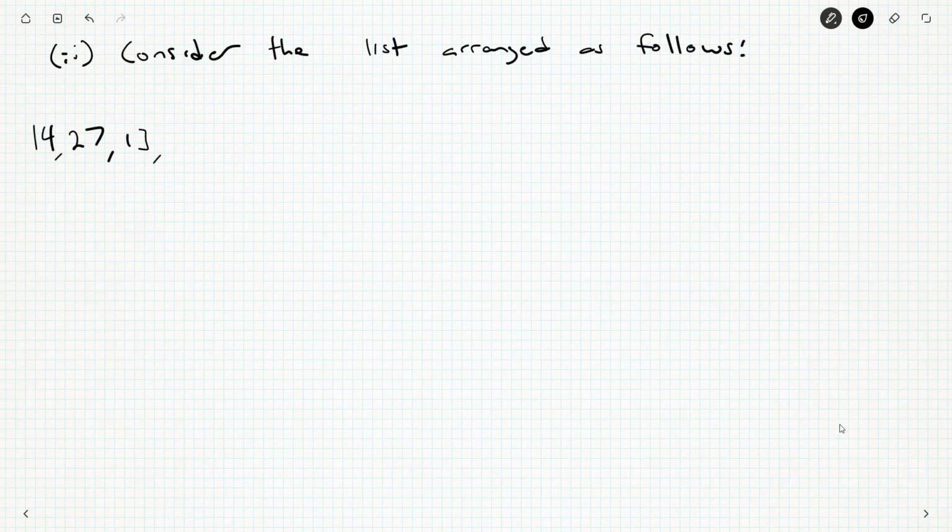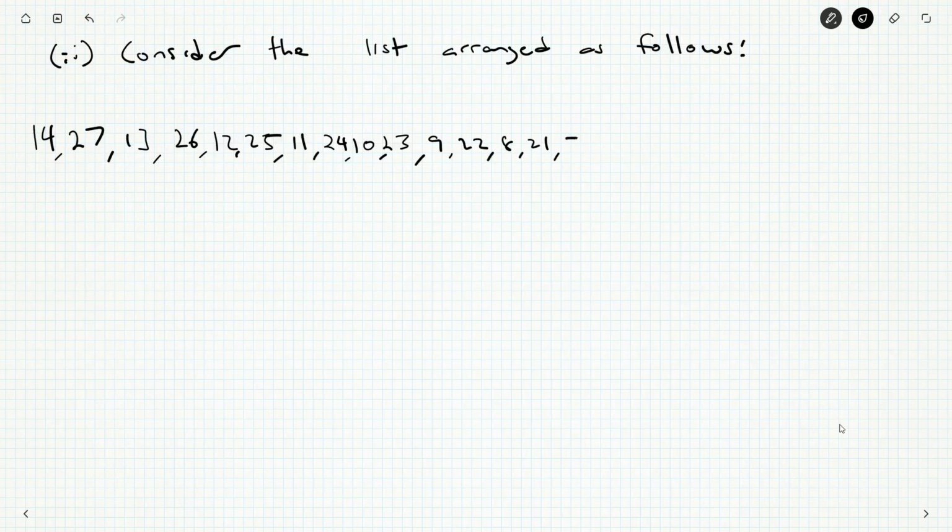Then we go down to 13, then up to 26, again a positive difference of 13 here. 12, 25, 11, 24, 10, 23, 9, 22, 8, 21, 7, 20, 6, 19, 5, 18, 4, 17, 3, 16, 2, 15. I'm not going to make it. 1. Oh, we're done. All right.